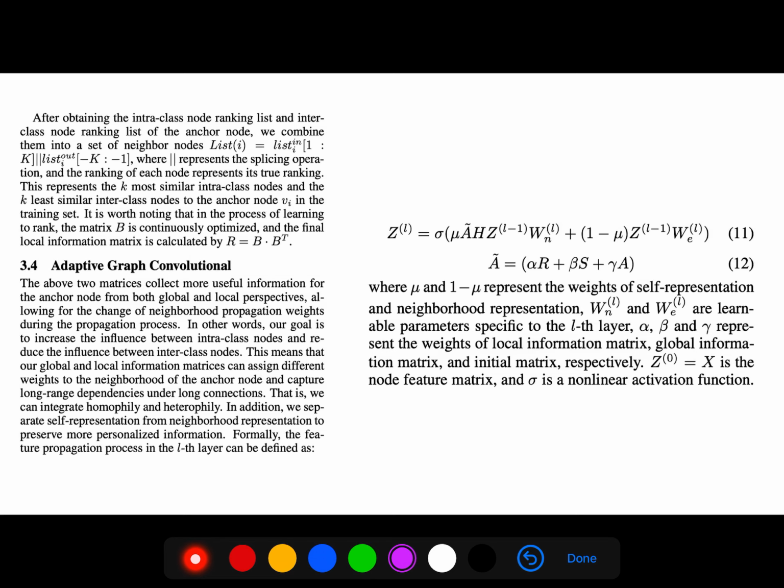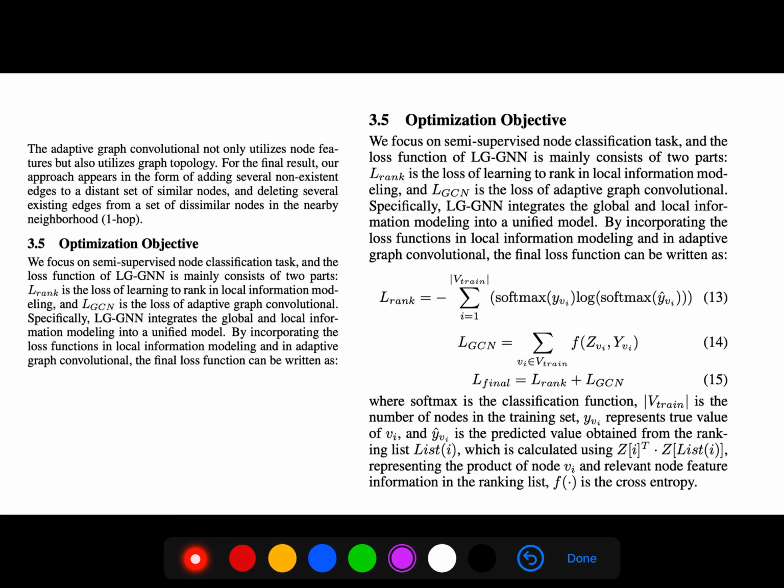Formally, the feature propagation process in the alpha layer can be formulated like this. And then we just need to optimize the L of rank and the loss of GCN, for example.